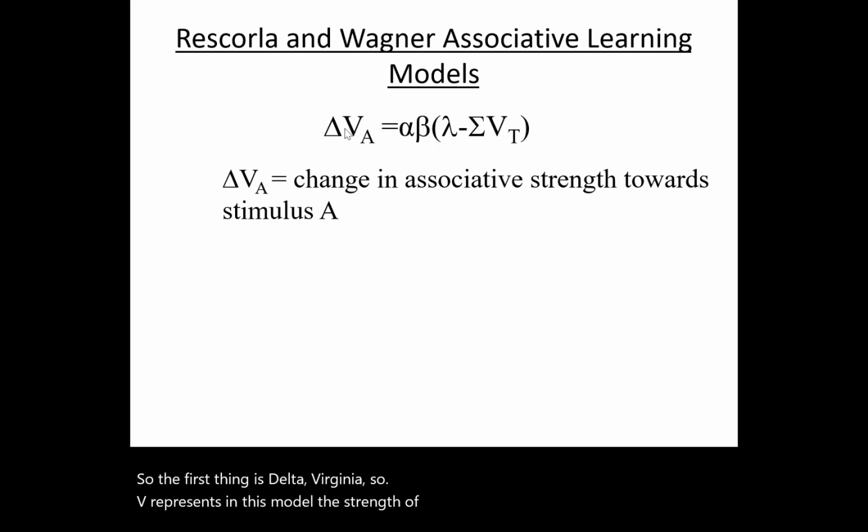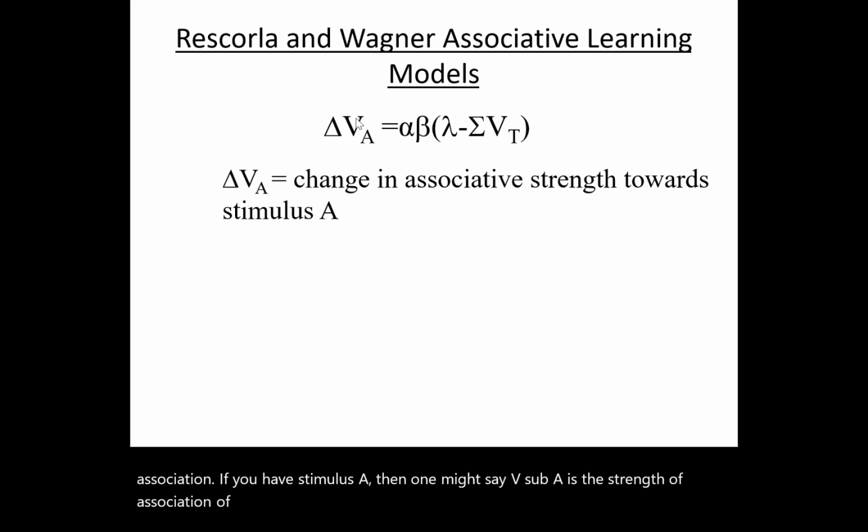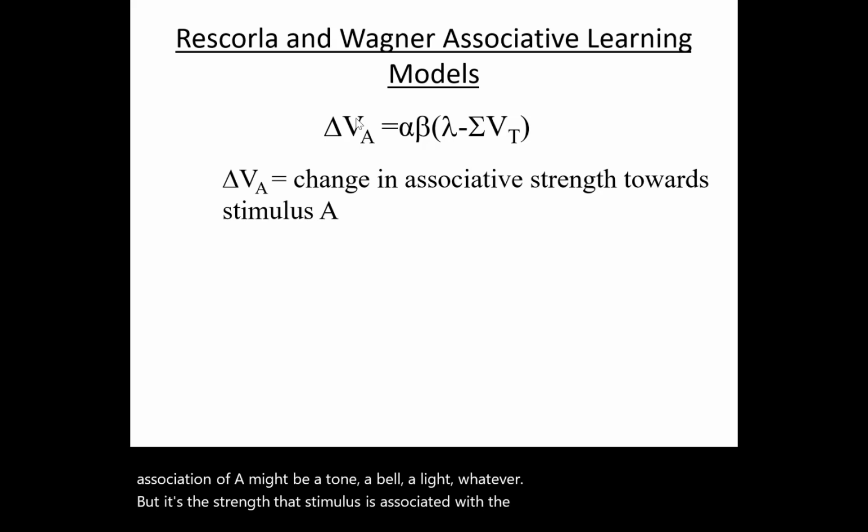V is the strength of association. If you have stimulus A, then V sub A is the strength of association of A. A might be a tone, a bell, a light, whatever. But it's the strength that that stimulus is associated with the US.